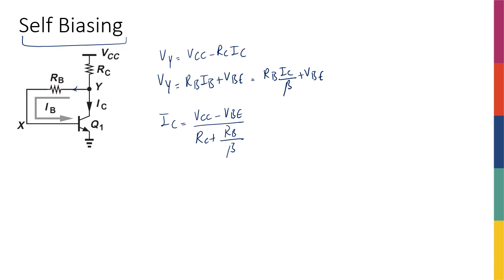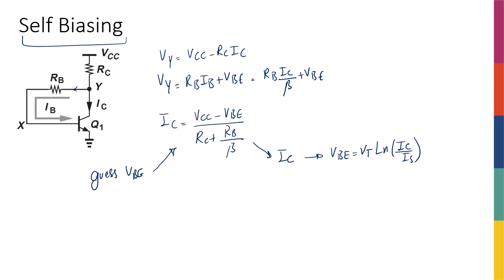Basically, all I need to do is start with a guess. Guess VBE, same as before. And then based on this VBE, you go to this equation. It gives you an IC, and then feed this IC to VBE equal to VT ln of IC over IS.